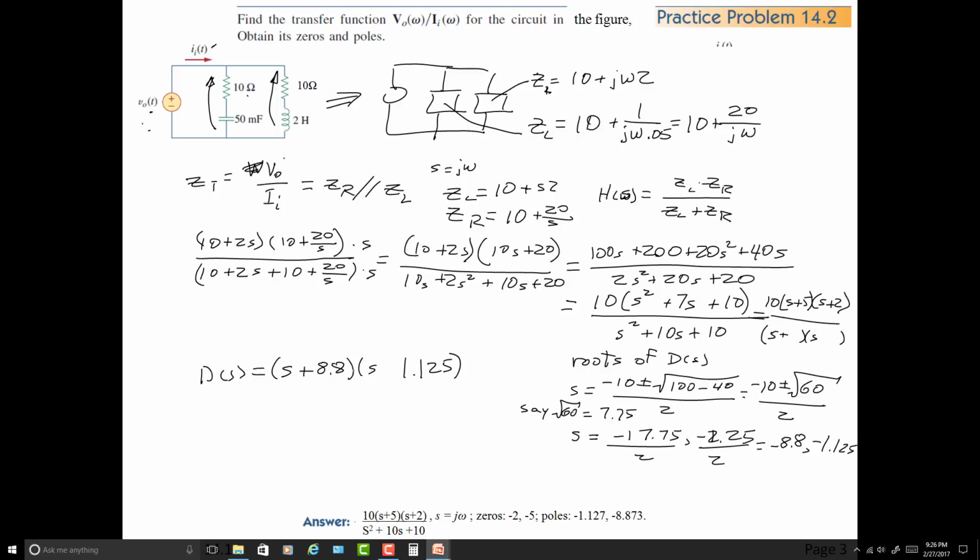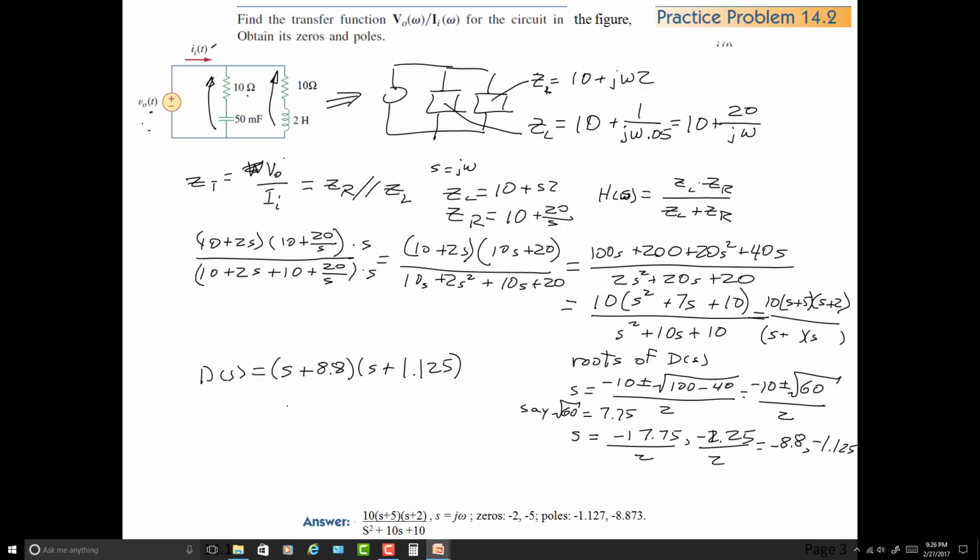So let's check this out before we assign signs. We're going to want this 8.8s plus 1.25s to be plus 10s. And then we want 8.8 times this. Yeah, these are both going to be plus. And I may be a little big in my estimate.